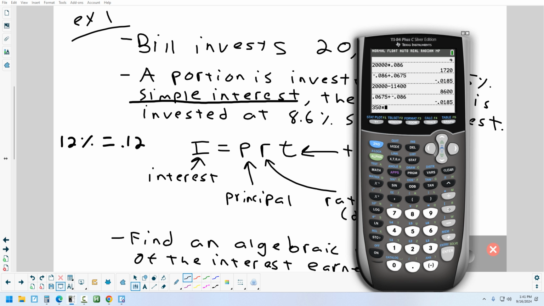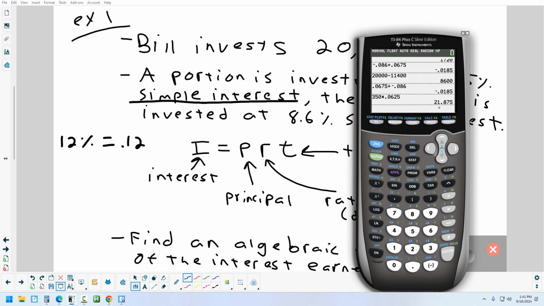What's the sales tax here in Massachusetts? 6.25%. So 6.25% is 0.0625. That's how much sales tax you have to pay on something that costs $350. Now you need to add the item price plus the sales tax, and now you're paying like $371.88.